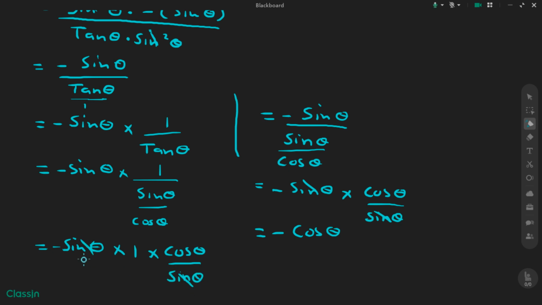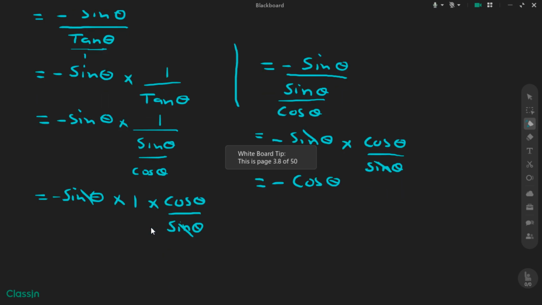So this will cancel that. Then our answer will be 1 multiplied by cos is cos, multiplied by negative is negative cos theta. So if you check, the solutions are the same. I think the best approach is this one rather than this, where you have to change more than one time. Okay, so try to look through the different question papers and solve problems of this nature.